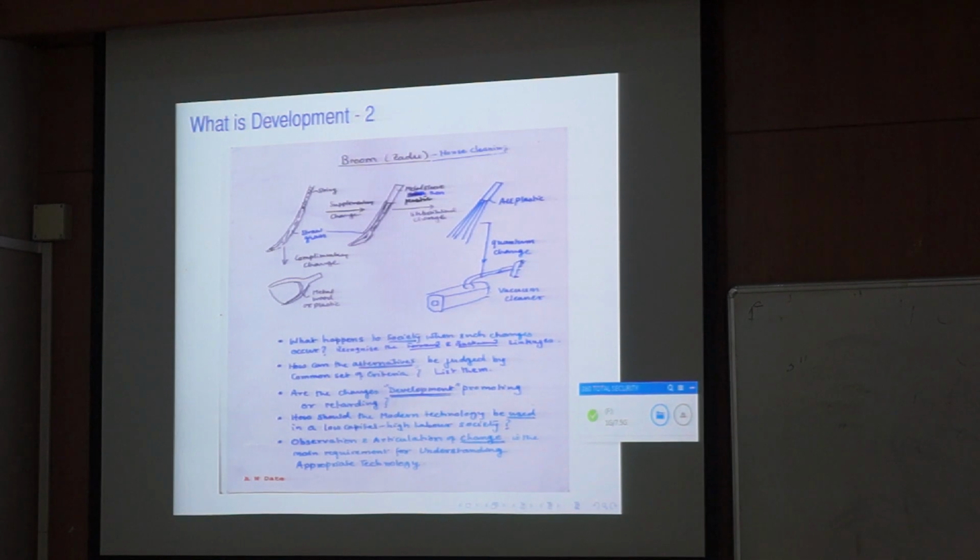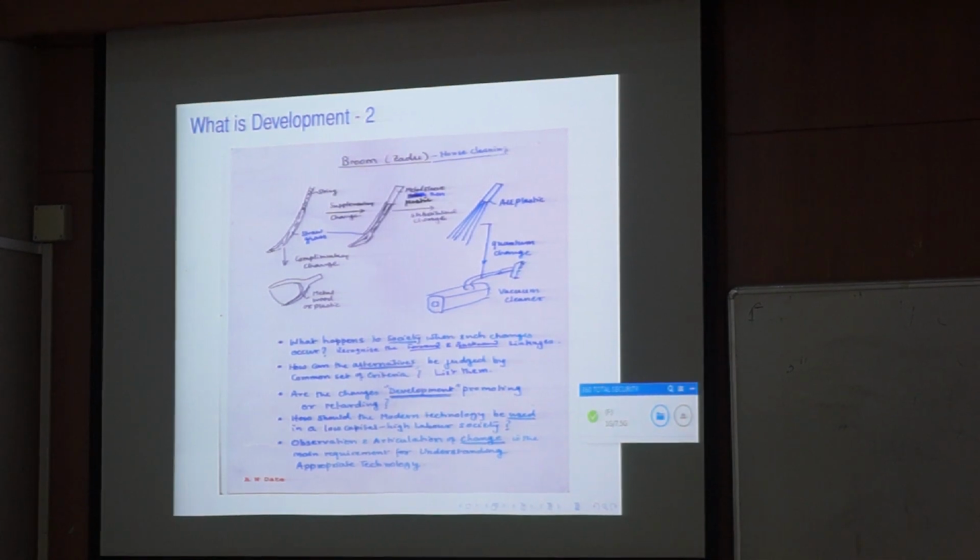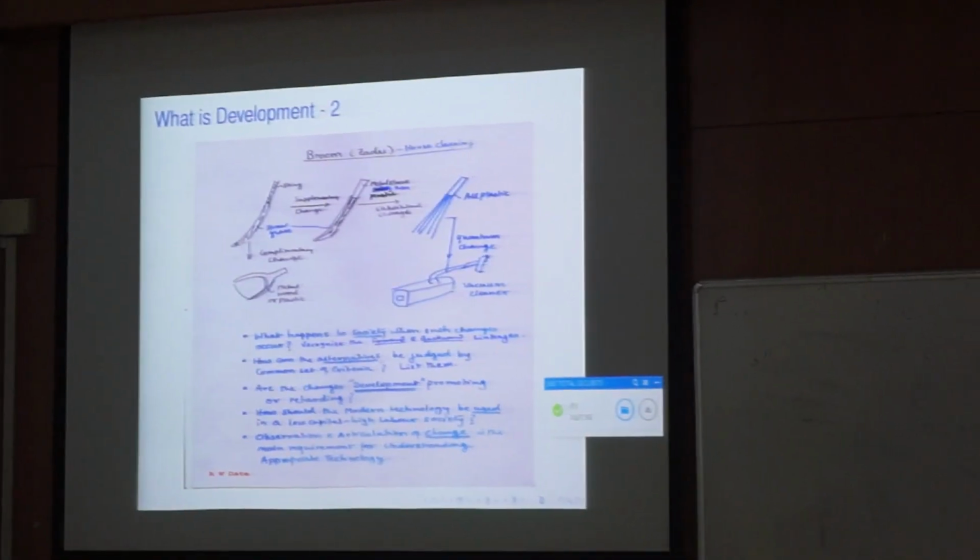But no change in basic design. It's still the old jadu. Then some people came up and said this. Shopkeepers do many things. The first thing they do is put the jadu in a plastic cover. People buy it then.